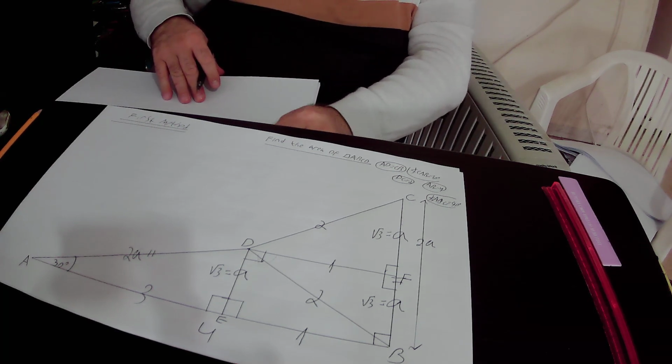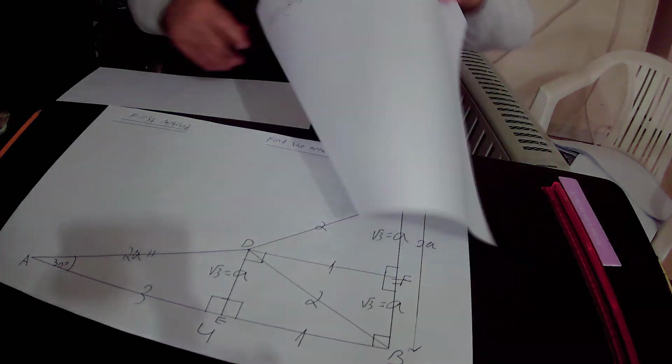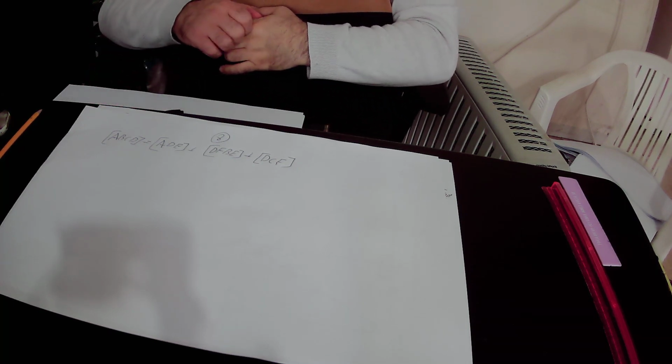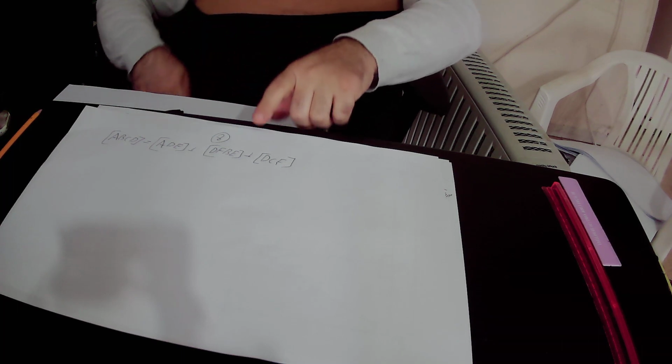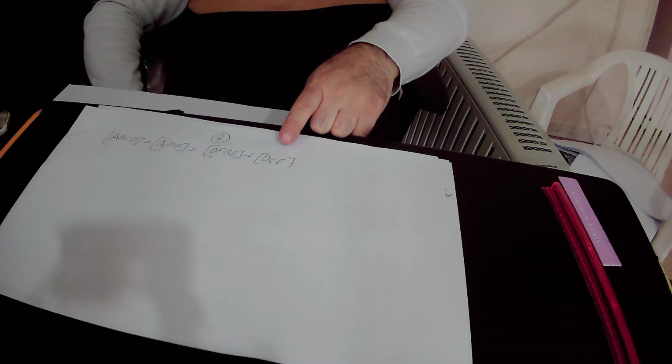I'll repeat again. The area that we are looking for, that is the area of quadrilateral ABCD, will be equal to the area of triangle ADE plus the area of rectangle DFBE plus the area of the right triangle, triangle DCF.